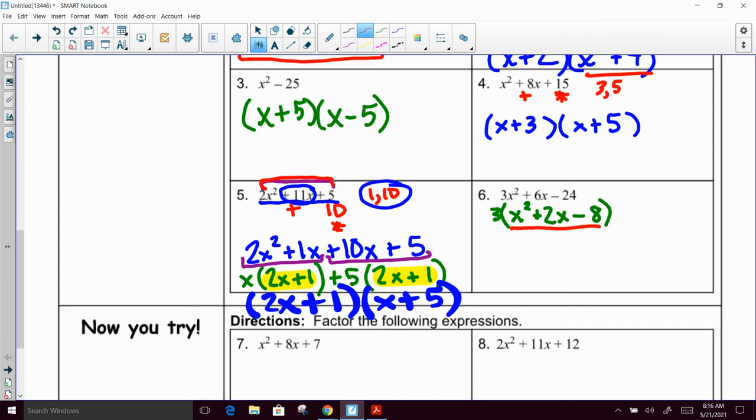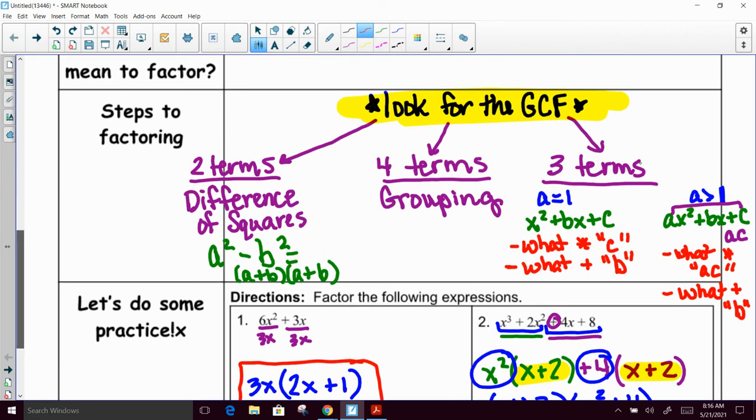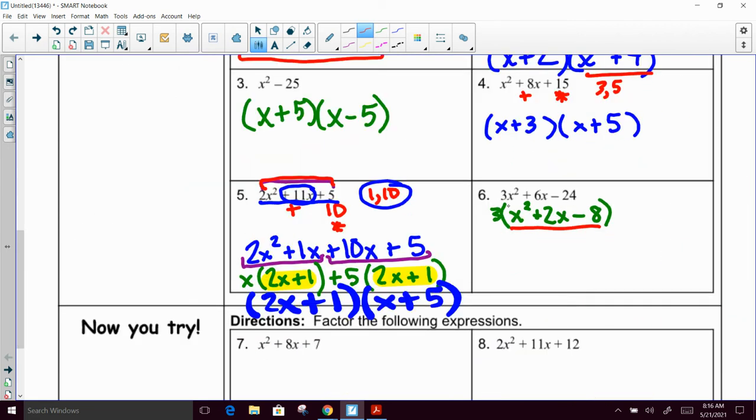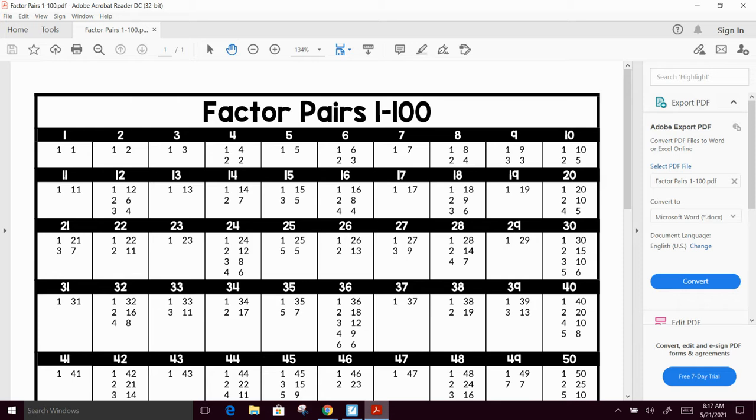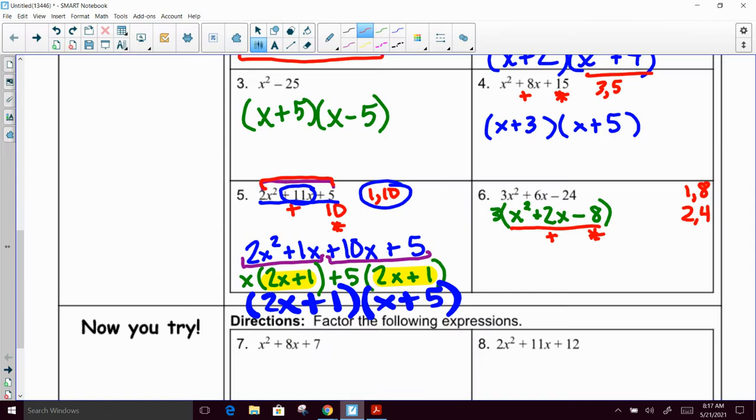All right. Now I take a look at what's in my parentheses. Can I go further? All right, I've got 3 terms, so I look up above. 3 terms. My A value is 1. So I just need to think about what multiplies to negative 8 and adds to 2. Well, if we think about what gives me 8, it's 1 and 8, 2 and 4.